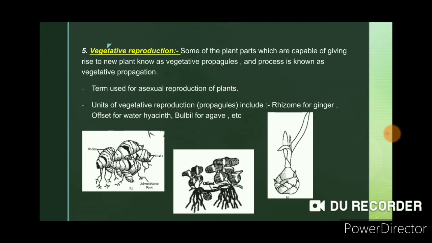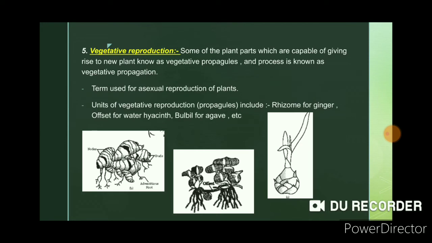What happens in this case? Some parts of a plant are capable of giving rise to a new plant. These parts which are capable of producing a new plant are known as vegetative propagules, and the method of reproduction is known as vegetative propagation.